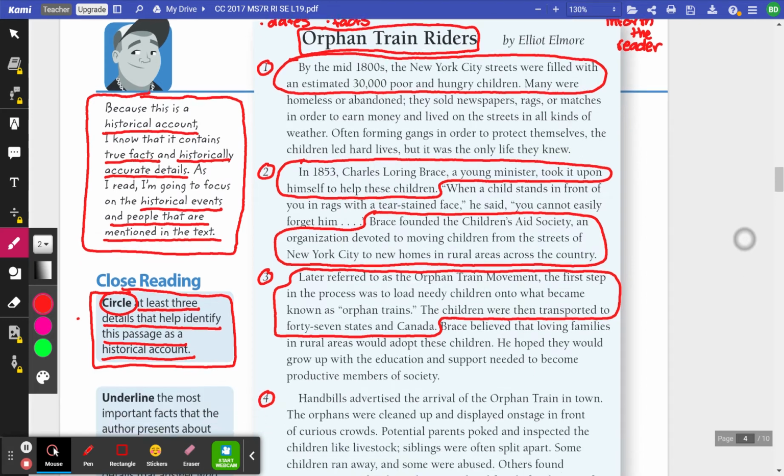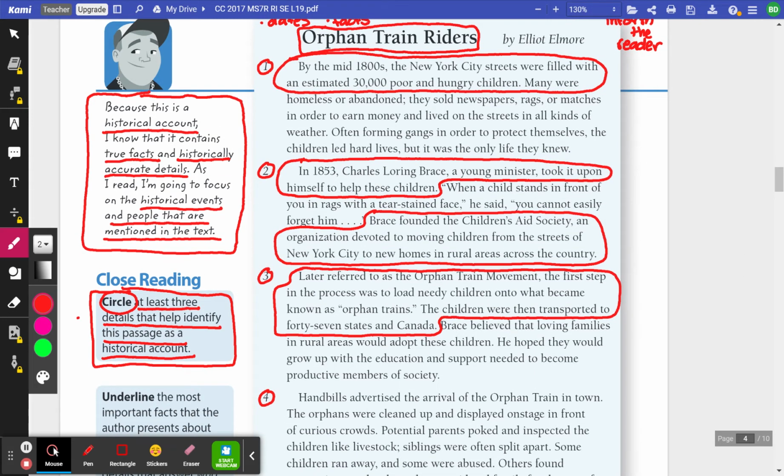So the second thing that I circled was at the beginning of paragraph 2. I circled "In 1853, Charles Loring Brace, a young minister, took it upon himself to help these children." I decided to circle this because it gives us the date, and I know dates are important, so I know the year is 1853. And this one also gives us a person. It gives us their exact name.